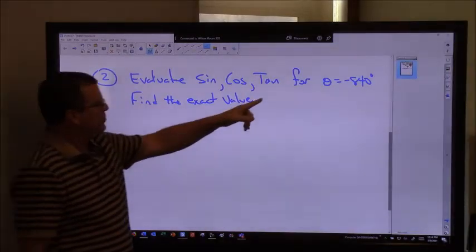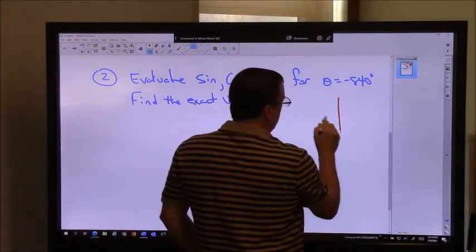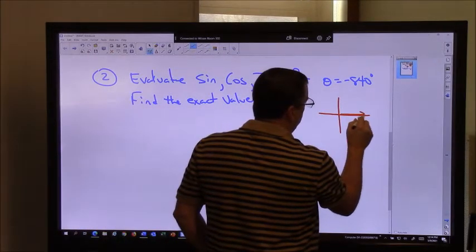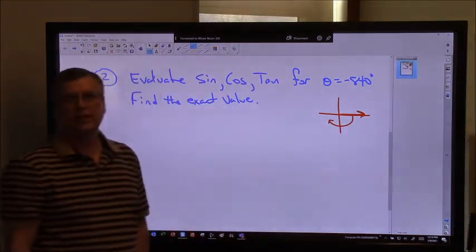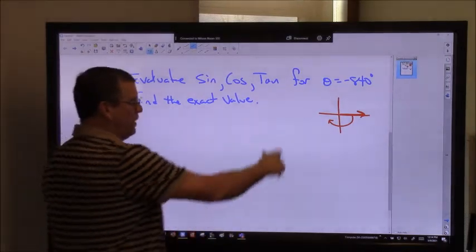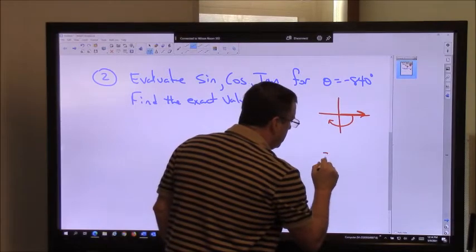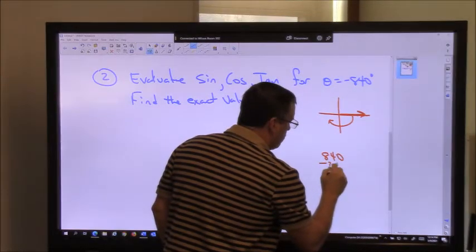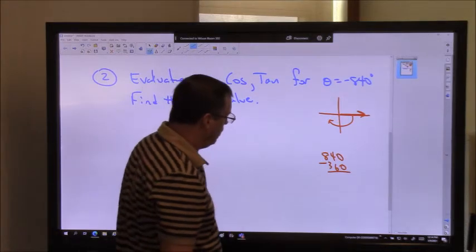All right, so first thing we got to do is figure out where that angle is at. And we know that we're going to start right here and go around a negative 840 degrees. Well, I'm going to go around at least once. So let's see, if I do 840 minus 360, that's going to be 480.